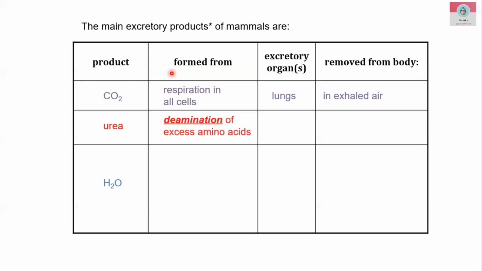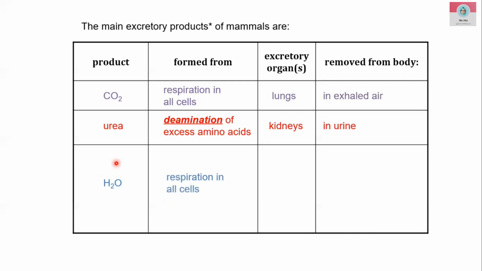Urea is formed from the deamination of excess amino acids. The excretory organs will be our kidneys. So kidneys are the ones that are going to be excreting urea, which will be removed as urine. And then water.